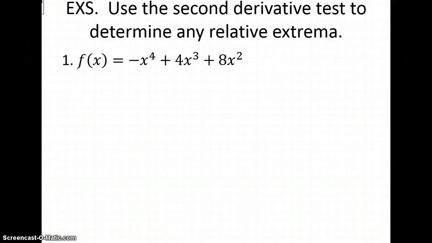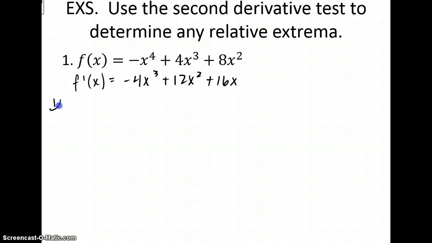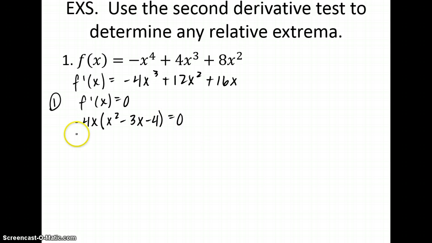Alright, so use the second derivative test to determine any relative extrema. So first derivative, negative 4x cubed plus 12x squared plus 16x. So first step, we have to find where the first derivative equals 0. So if we take out a negative 4x, we're left with the polynomial x squared minus 3x minus 4 equals 0.